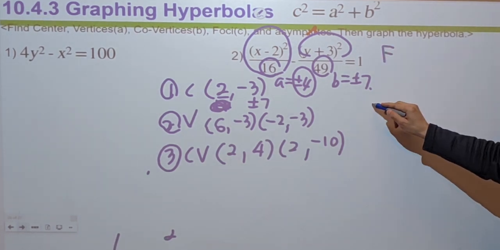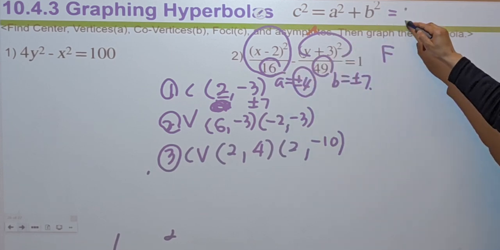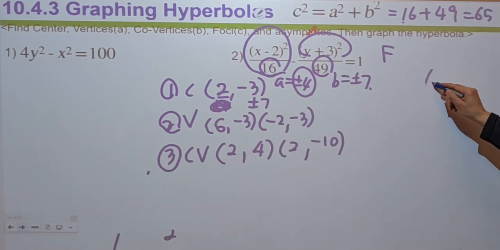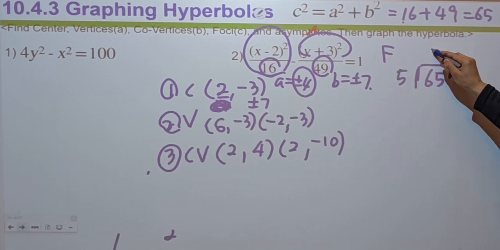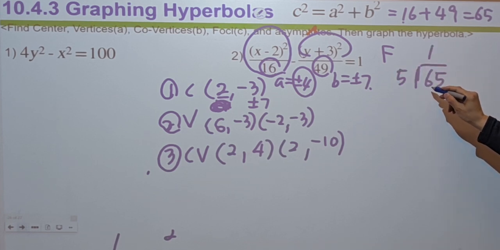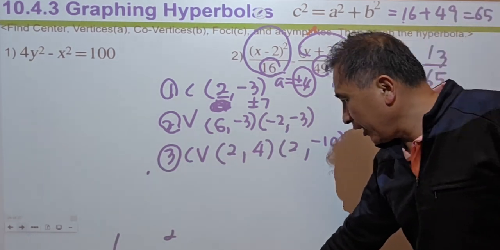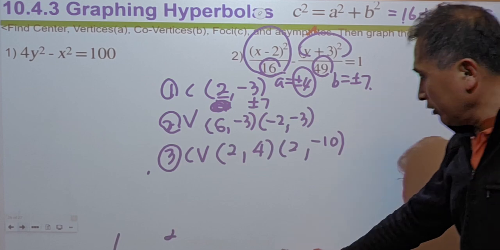Now find the foci. You find C squared. C squared equals A squared plus B squared: 16 plus 49 is 65. 65 is divisible by 5, giving 13, and 13 and 5 are not perfect squares, so there's no perfect square factor.